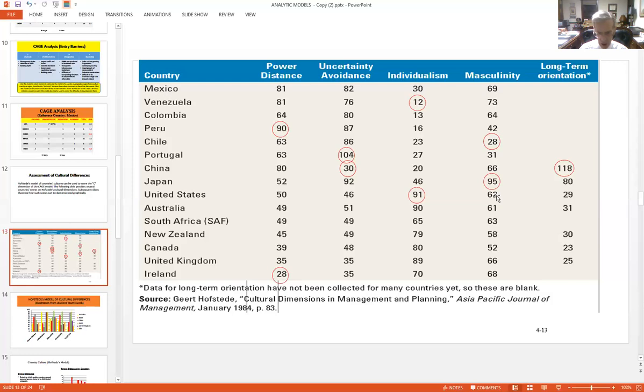But China, what is often surprising to people is that risk avoidance in China is quite low. And yet it's true. The Chinese are innovators and entrepreneurs. They also have high power distance. You've got to respect the status of the person you're talking to.